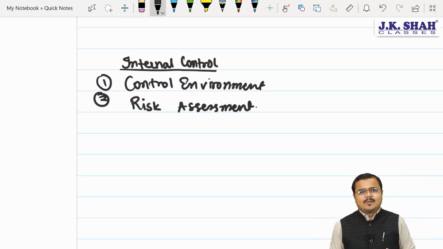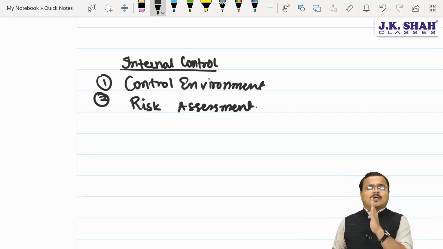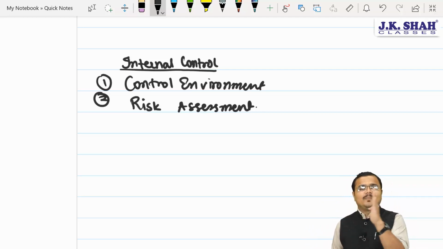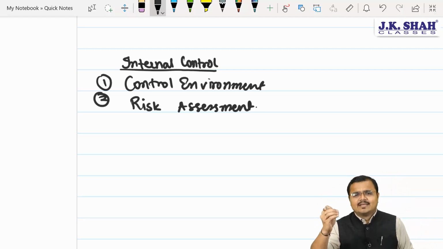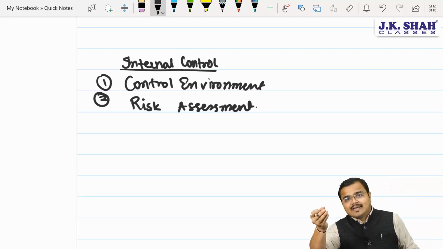Constantly and continuously, they are discussing all the possible risks that may occur in the future. We will try to identify what kind of impact they are going to create in the organization, and which risk management strategy we should apply to mitigate the impact of such risks. You had already studied risk management strategies, such as tolerating or accepting the risk.